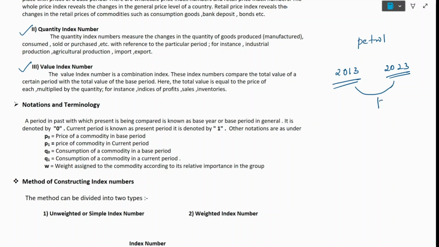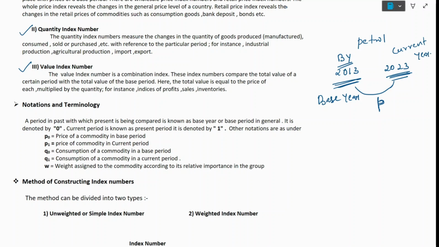Price is the variable because it always varies, increases, decreases, whatever it may be. It is denoted by small letter p. And here we are comparing two years. This is the period we are comparing, 2013 and 2023. Here the 2023 price of petrol we are comparing with the year 2013. Therefore, 2013 is called the base year. 2023 is called the current year.